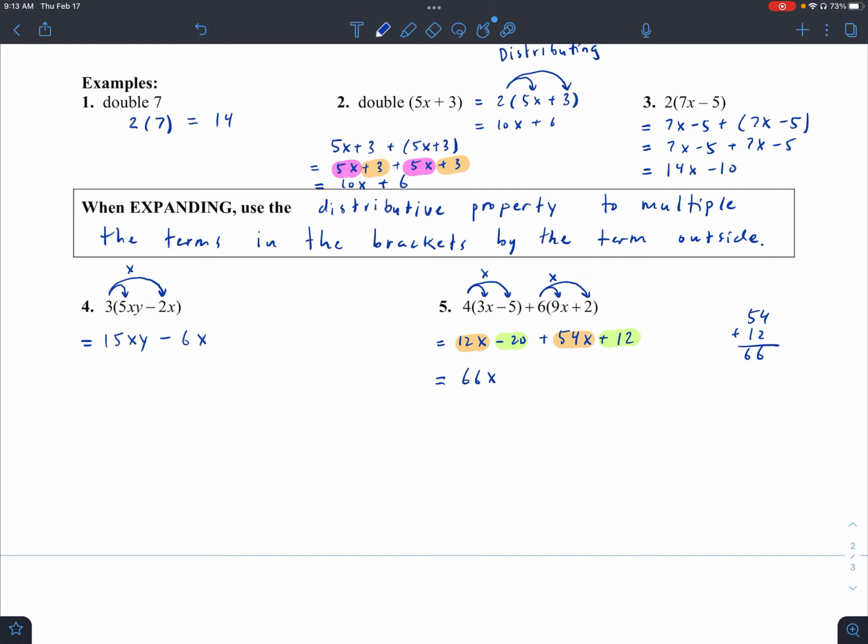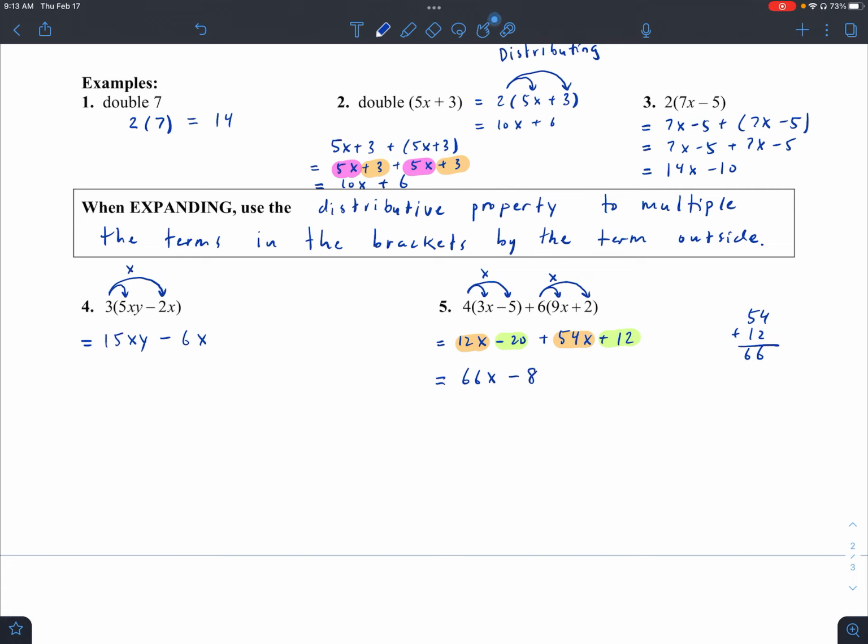Negative 20 plus 12 is going to be, so you're starting at negative 20 and you're going to the right on the number line towards 0. So you're going to get negative 8.